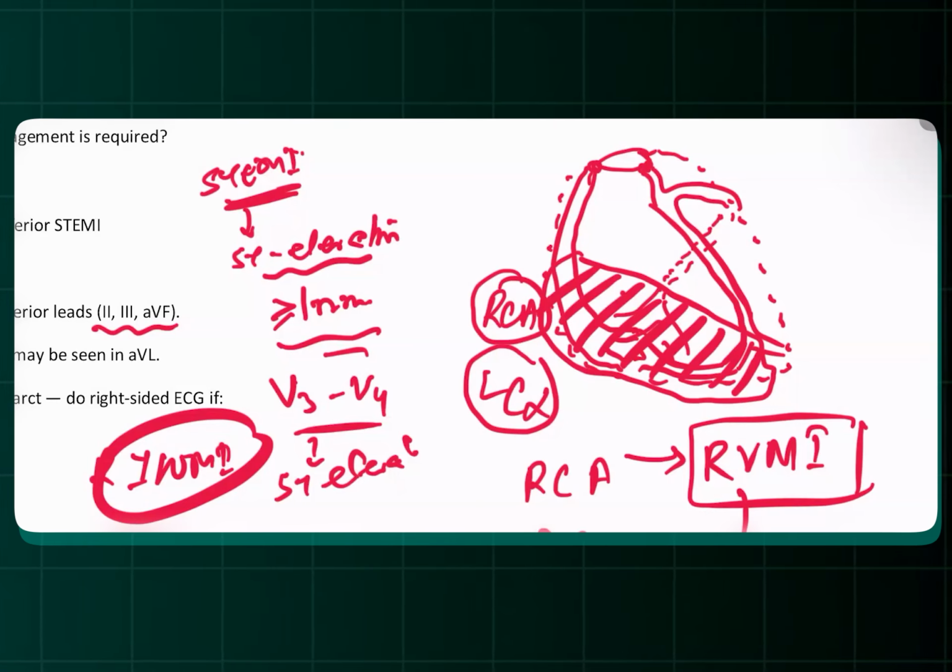This is why it is important, because till today, whenever a patient of acute MI went into shock, refractory cardiogenic shock, the next device that we would put in was the IABP, intra-aortic balloon pump. But in RVMI it will not help at all, because the RV is pumping blood into the pulmonary artery.